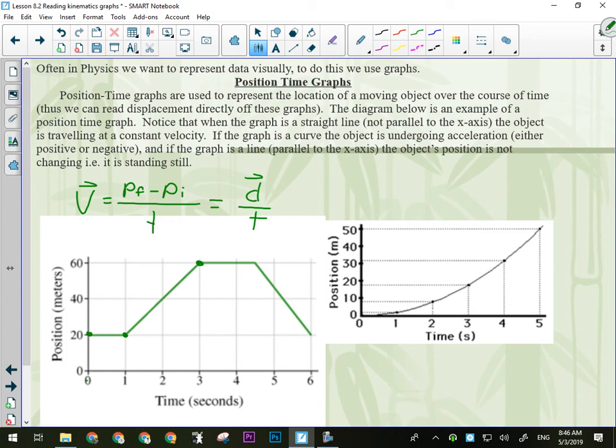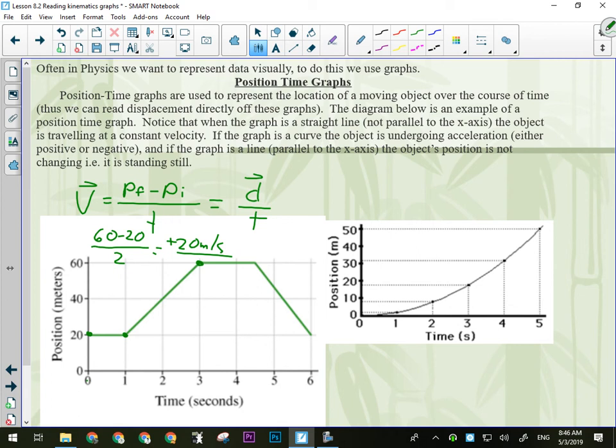My final position is 60 meters. My initial position is 20 meters, and that takes 2 seconds. So I got 40 over 2, so we got 20 meters per second. And that would have to be positive because it's a vector quantity.